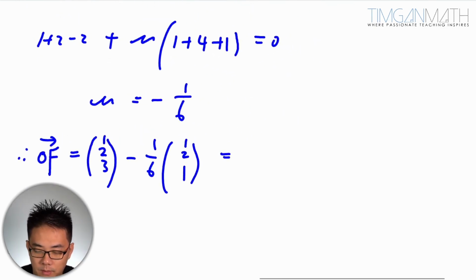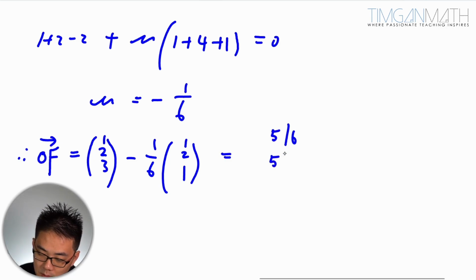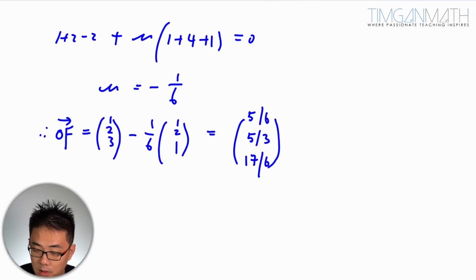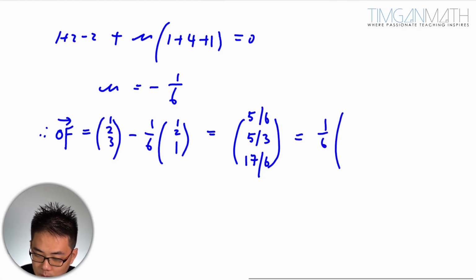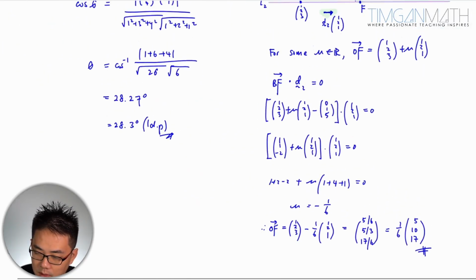There you go. 1 minus 1 over 6, 2 minus 2 over 6, 3 minus 1 over 6. So we can just factorize the 1 over 6 out. That's it.